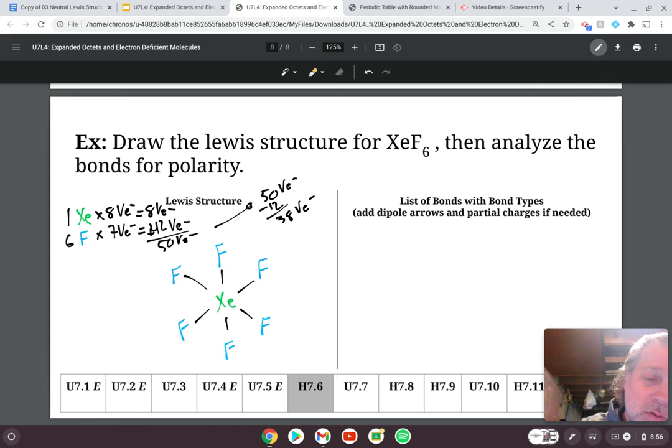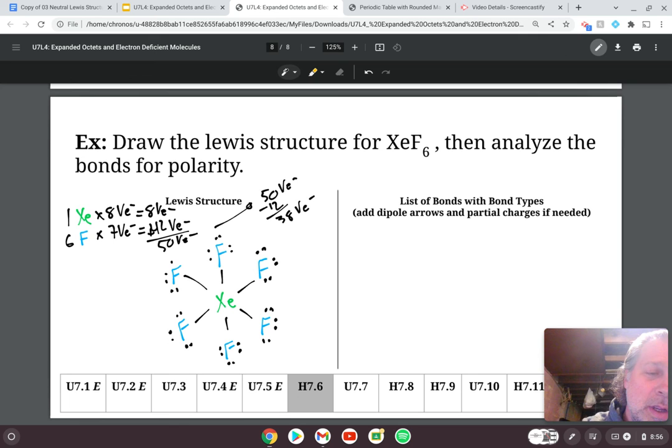So it's going to go 2, 4, 6, 8, 10, 12, 14, 16, 18, 20, 22, 24, 26, 28, 30, 32, 34, 36.